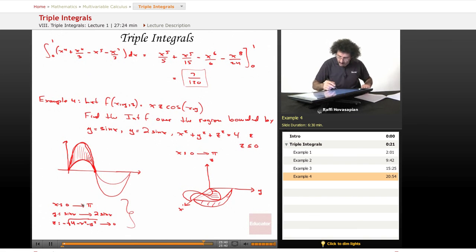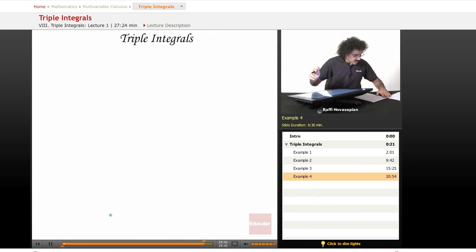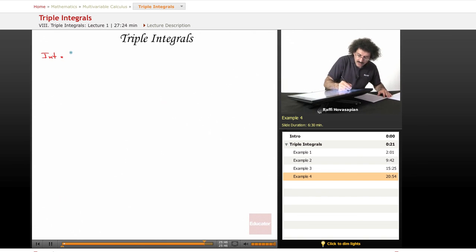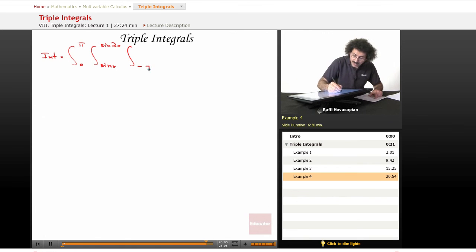So this is what's important. Now our integral is going to equal the integral from 0 to pi, the integral from sine of x to sine of 2x, and the integral from minus the radical of 4 minus x squared minus y squared up to 0.